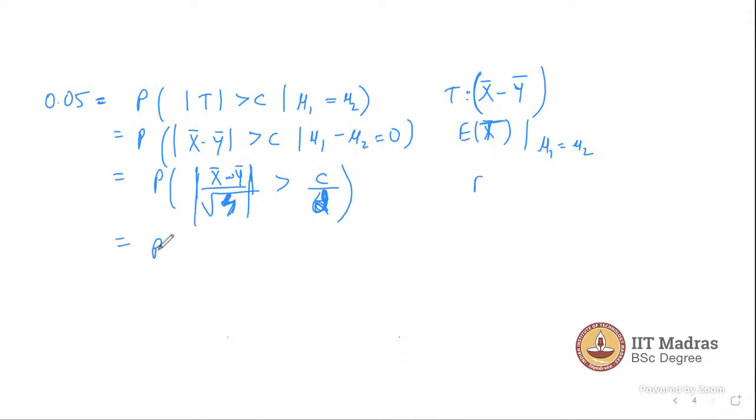So this becomes the probability that mod of z is greater than c upon 2. And you can write this as 2 times the probability that z is less than or equal to minus c upon 2. After that, I only had the doubt about why we are subtracting 0.